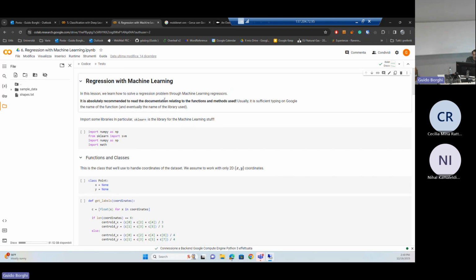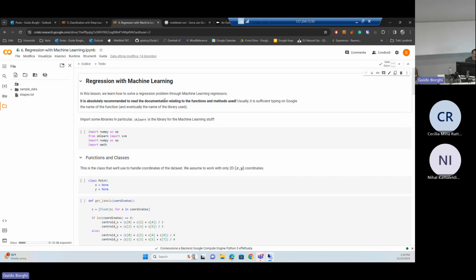In this case, we are going to use the same dataset of the previous exercitations, the Euclid dataset. And in this case, the regression task is that we want to predict the position of the centroid, the barycenter, of the geometric shapes in our dataset.